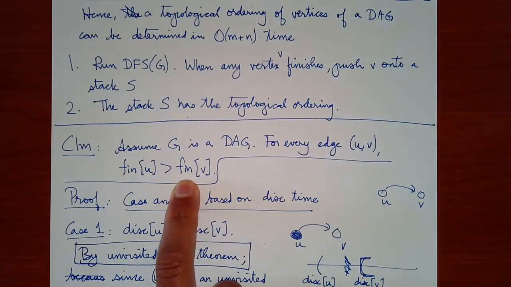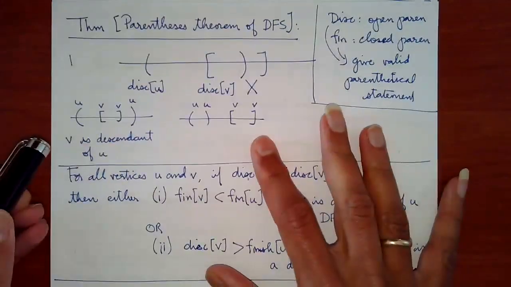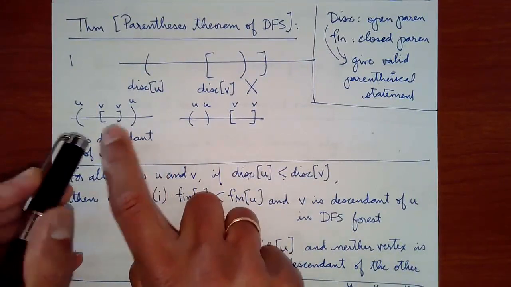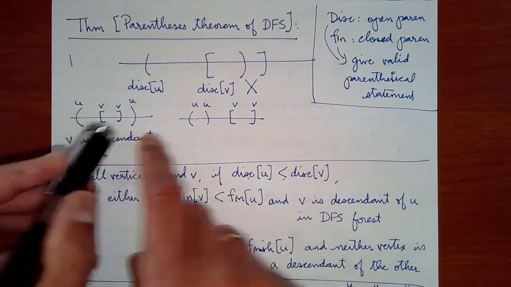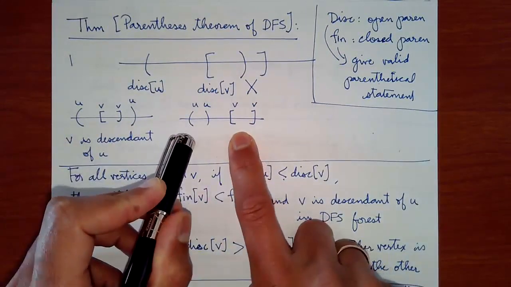The Parentheses Theorem doesn't talk about edges. Let me just pull that up one second. The Parentheses Theorem says for any two vertices whatsoever, this is the relationship between the discovery times and the finish times: either one interval is nested in the other or they're disjoint.